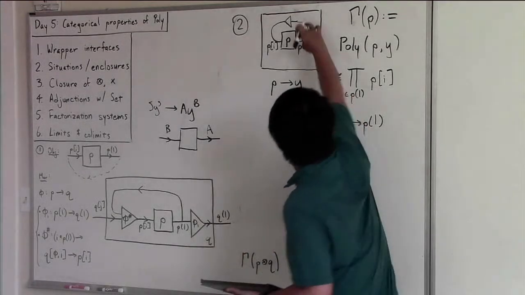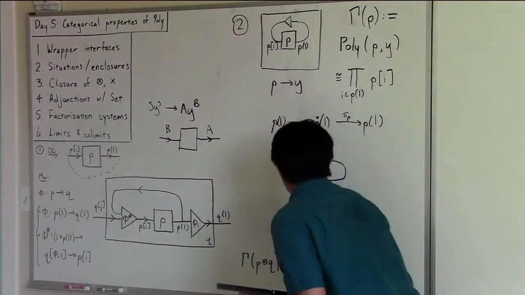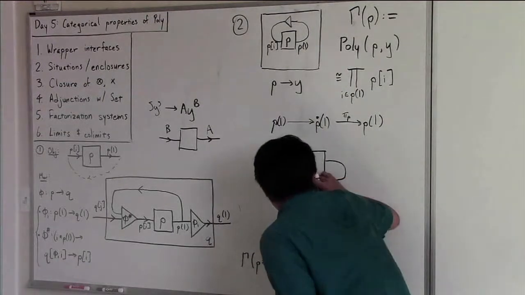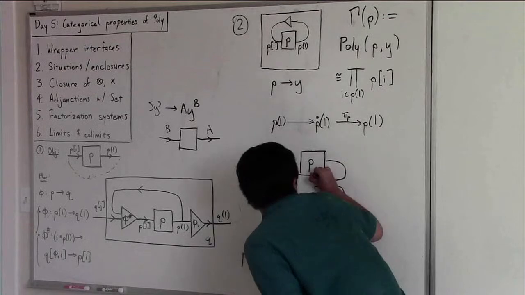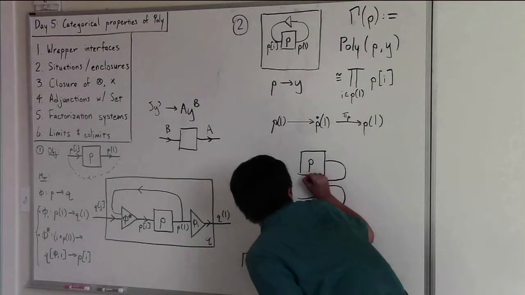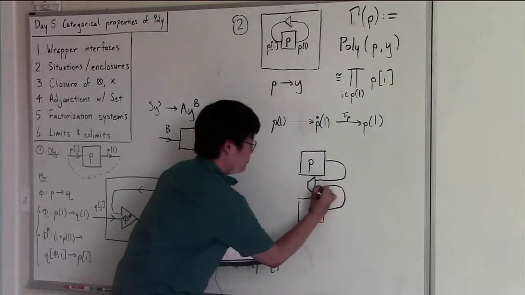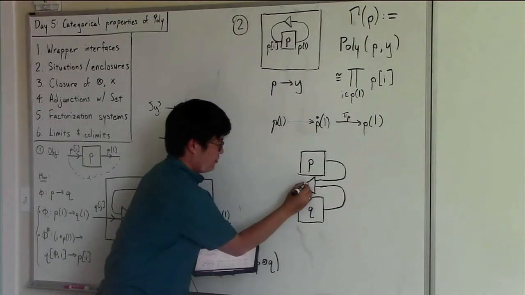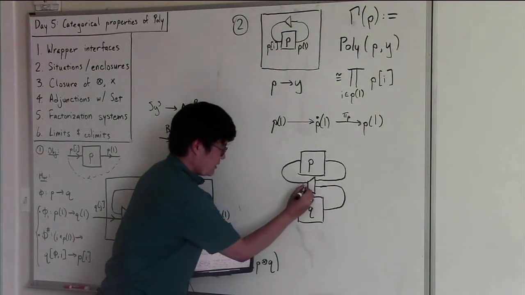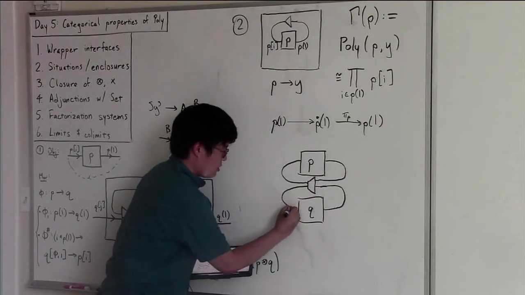Instead of a triangle, I'm going to try to draw a little trapezoid here, because we can think of this output as also two outputs, right? It's going to be a direction of p at the position we sent in and a direction of q at the position we sent in.